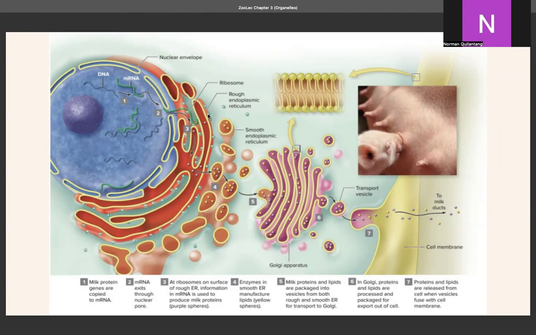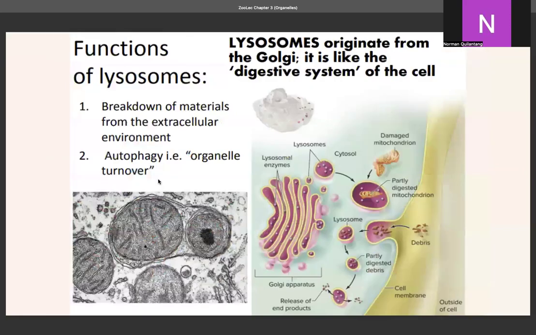After they are produced, the milk protein goes through a series of membranes until it reaches the Golgi apparatus, where it is modified and then transported to the plasma membrane where it is secreted out as the milk that we're familiar with. So this is usually how it goes in secretory cells. As you can see, the Golgi apparatus participates a lot in this particular process.